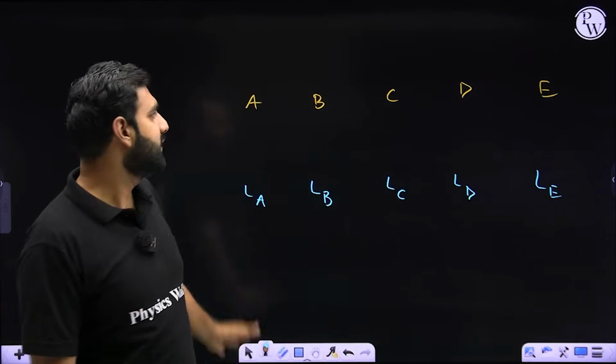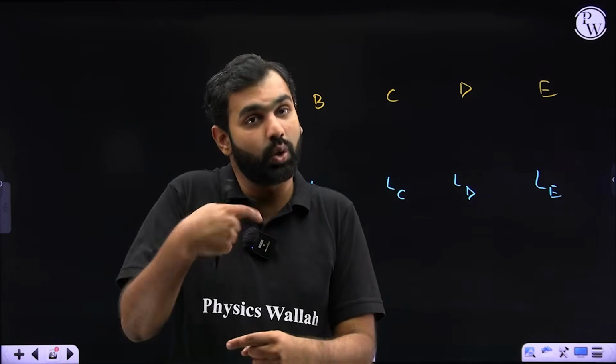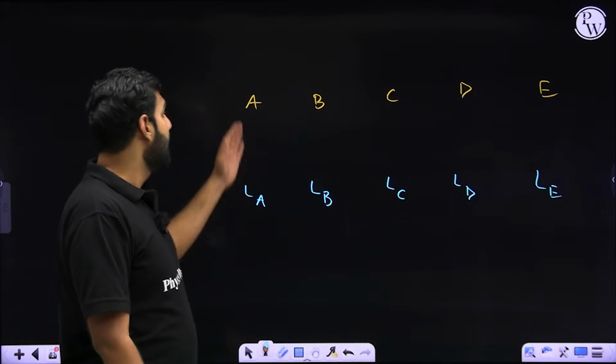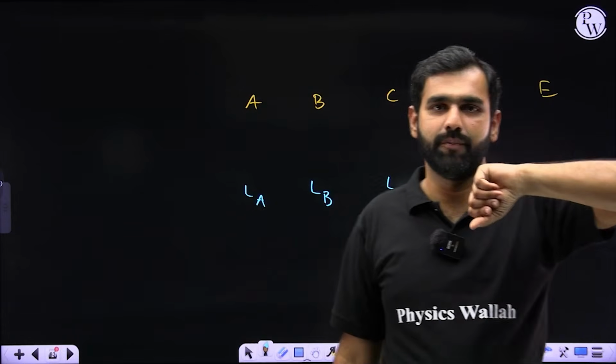Of course, you would say, sir, there are 5 factorial ways in which this task can be done, but out of those 5 factorial ways, I'm excluding the ways in which A, B, C, D and E receive the ones which they were supposed to receive.